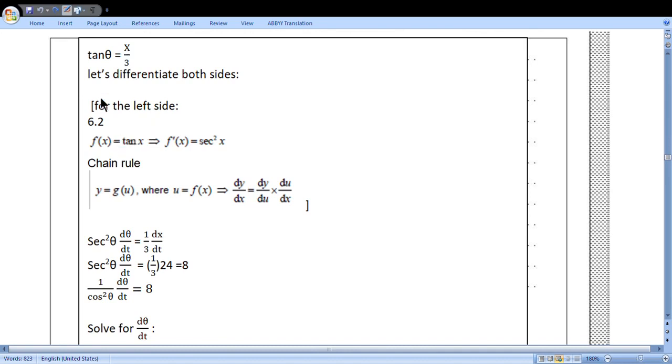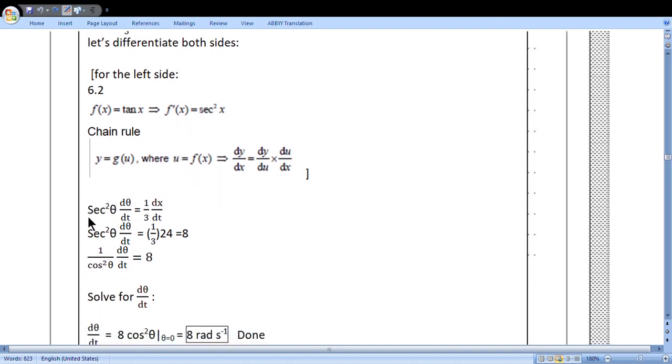First of all, when we differentiate tangent, we get secant squared theta. But we differentiate with respect to time, so we use the chain rule.